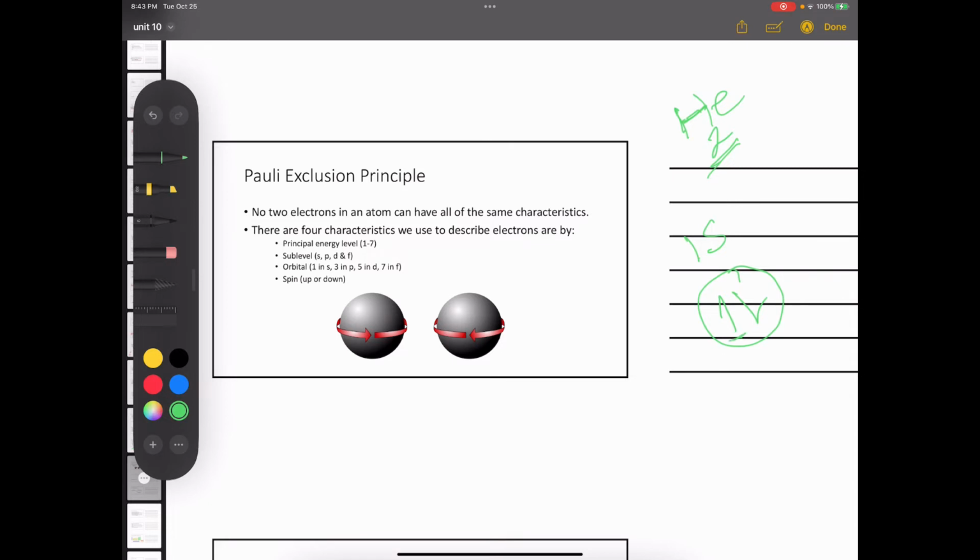Both are sitting on the 1s orbital, but the second electron is pointing downward while the first electron is pointing upward. What we call the spin of the second electron will be different.